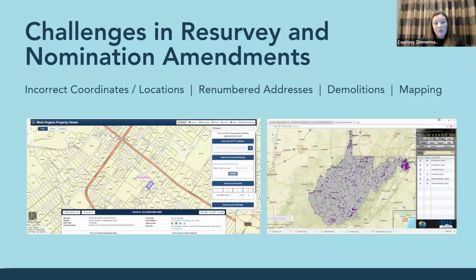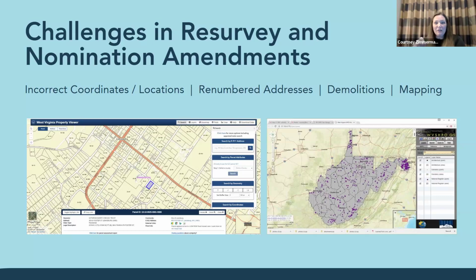Some of the challenges we've faced is incorrect coordinates. You might have a point on a map and it's not where the building is. So you have to figure out if it's already been surveyed before. You have to figure out what building they were talking about. In West Virginia, a lot of address numbers for homes have been changed and renumbered to make it easier for 911 and emergency responders, which is great. But we have a point that's not in the right place, and we have an address that's not the same anymore.